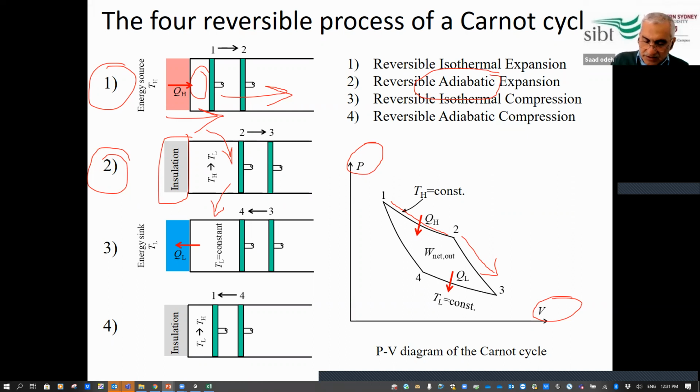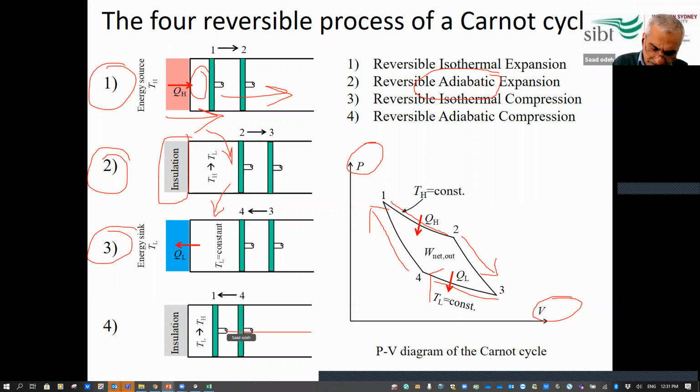Okay. And then after that, we have process 3, which is compression and also isothermal. So we are compressing the fluid at constant temperature. And the last one is also compression, but adiabatic.